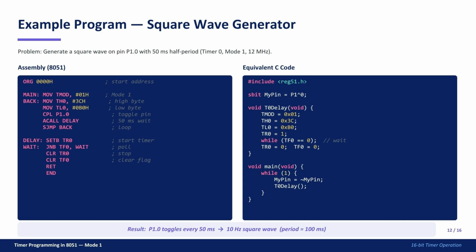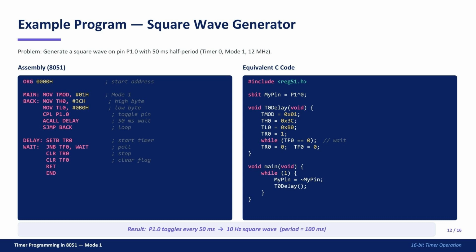Now we enter a label called BACK. Then we load TH0 with 3C hex and TL0 with B0 hex. These are our pre-calculated values for 50 milliseconds.